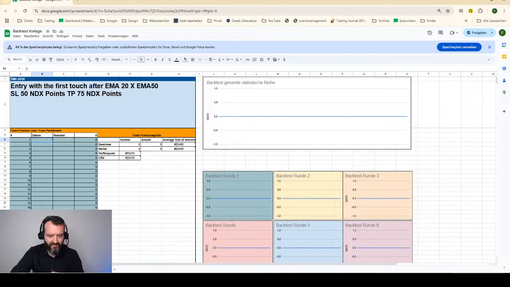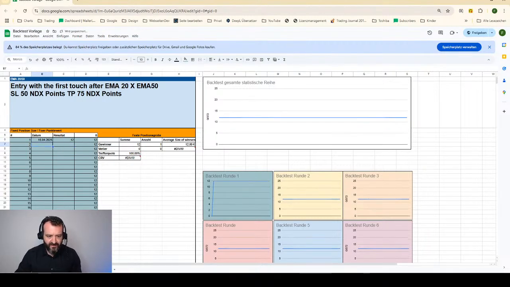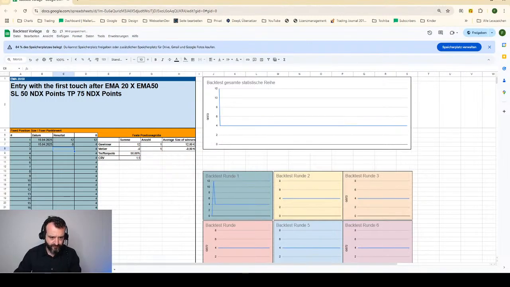So you get here and say, okay, 15th of April 2025, I saw 12 points in the DAX. Then the next trade, we had 5 trades today, for example. This was then -8. So then we made 25.